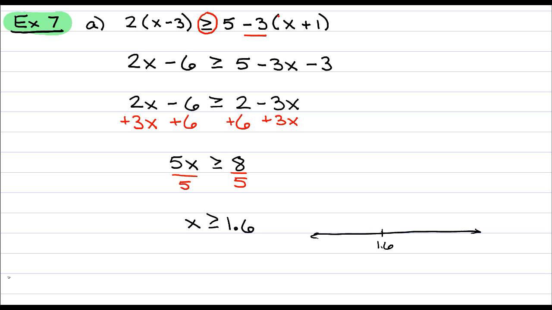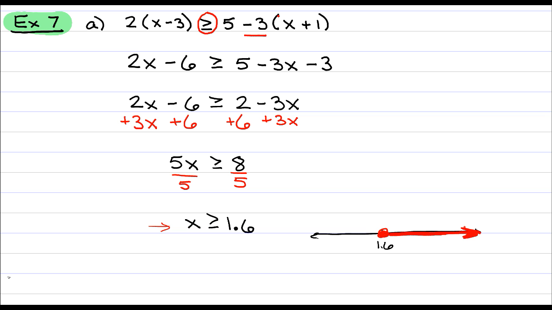Our solution is all x greater than or equal to 1.6. So 1.6 is a solution to this inequality, but any number larger than that is also a solution to this inequality. So geometrically, this red arrow indicates our solutions.